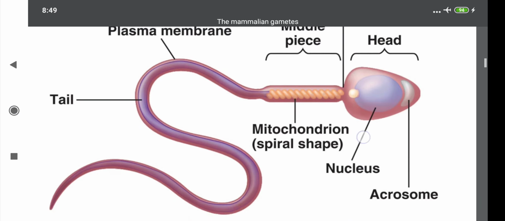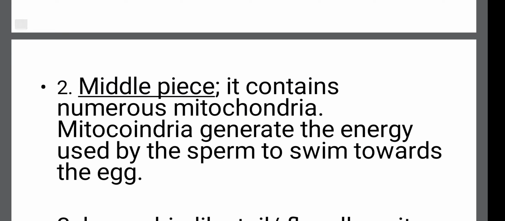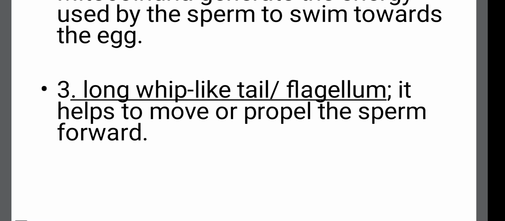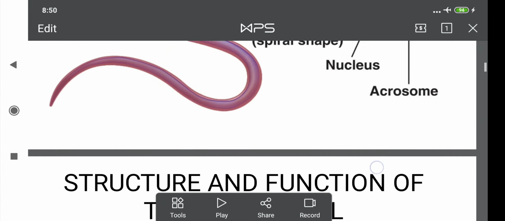We all know the functions of mitochondria in our normal cells. Mitochondria are organelles found in all living cells, the site for energy production and aerobic respiration.